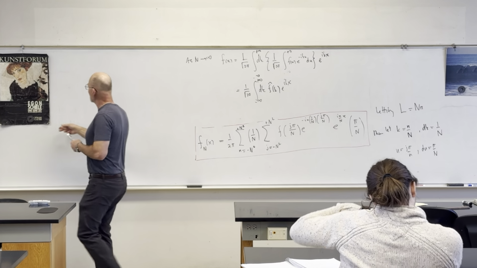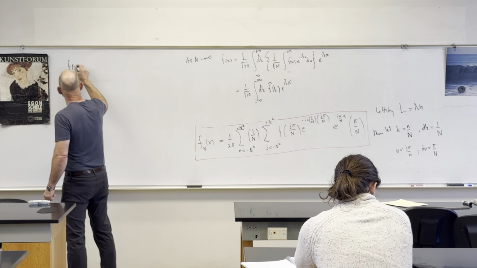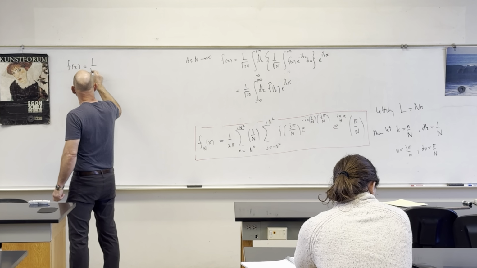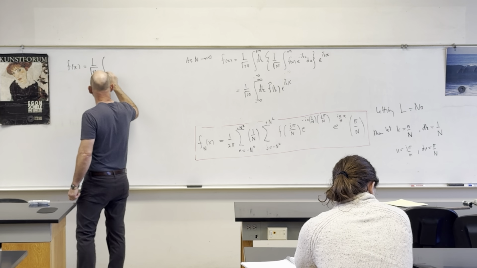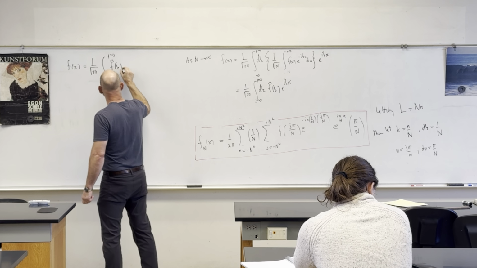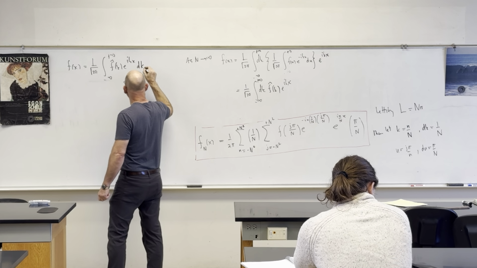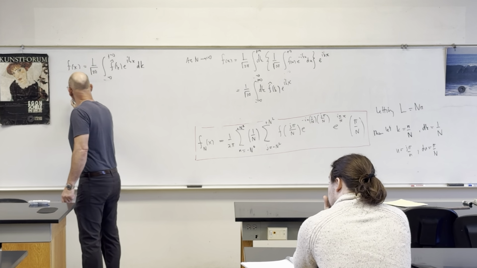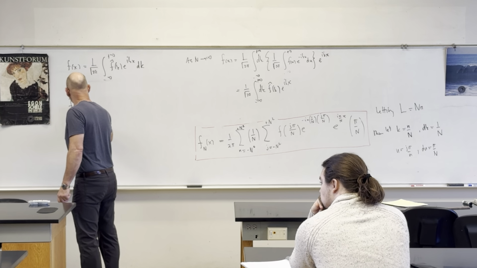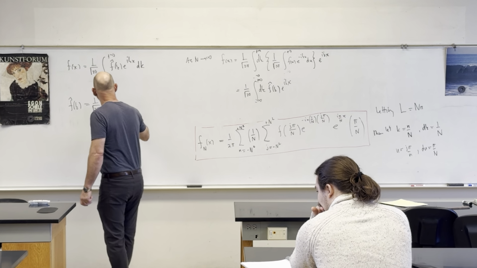So we now are looking at this problem, 1 over root 2 pi, integral from minus infinity to plus infinity, f hat of k e to the i k x dk, and the Fourier transform, 1 over root 2 pi.